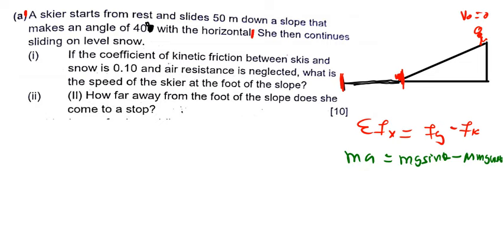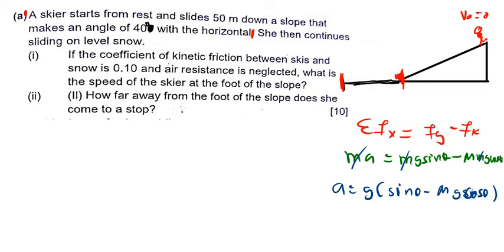Since we have not been given the mass, we can cancel the mass everywhere. Our acceleration will be equal to, the same as the formula I was telling you, g sine theta minus mu g cos theta.